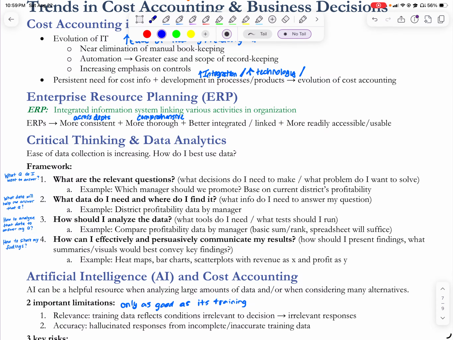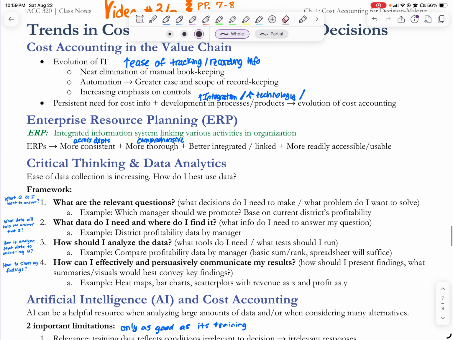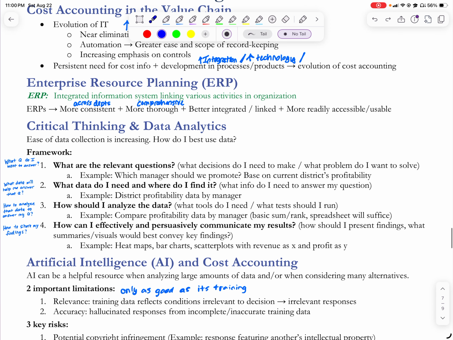And there's a greater demand for it because we're maybe trying to be a little more predictive of what the market will want in terms of our products. All of those factors, the greater demand, the differences in the technology available to us and how we use it, and the information we can track, has led to a pretty rapid evolution of cost accounting.